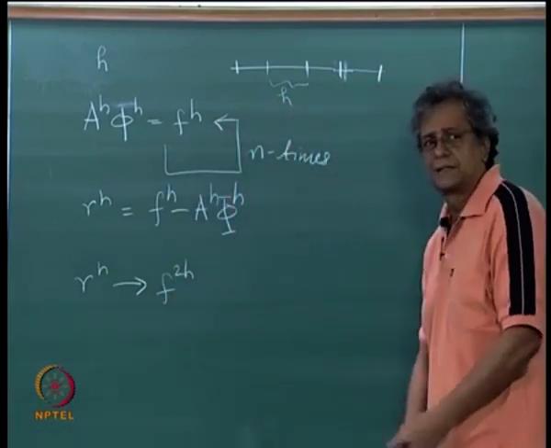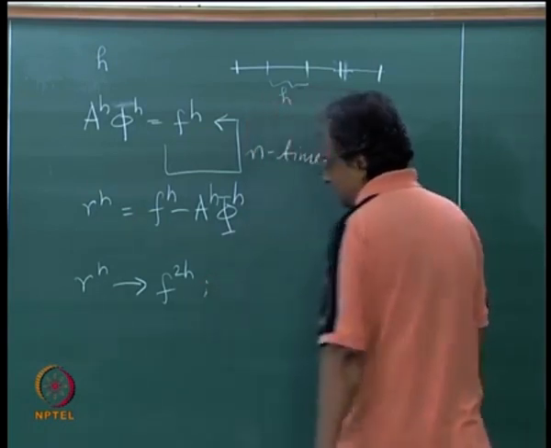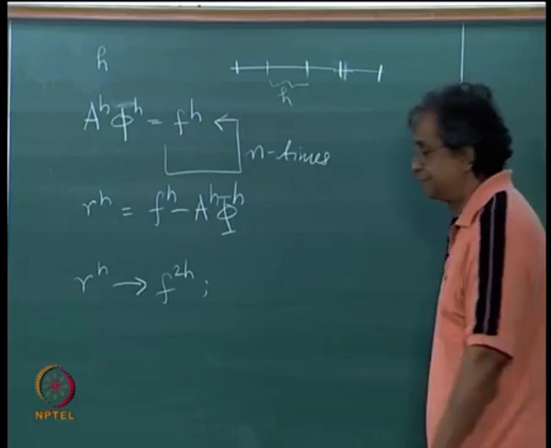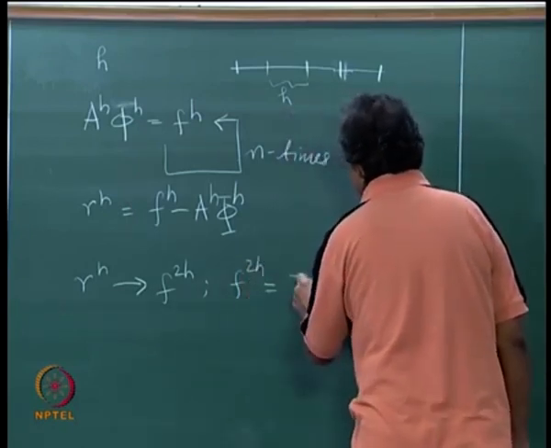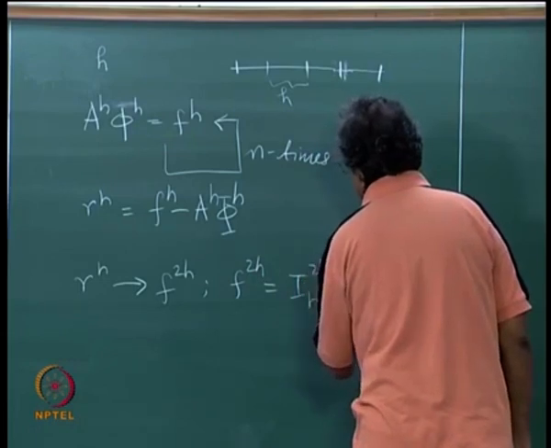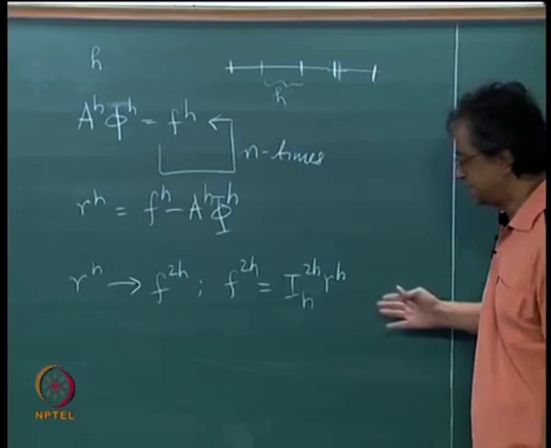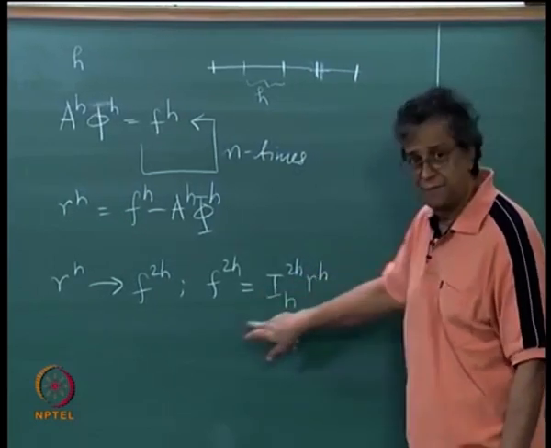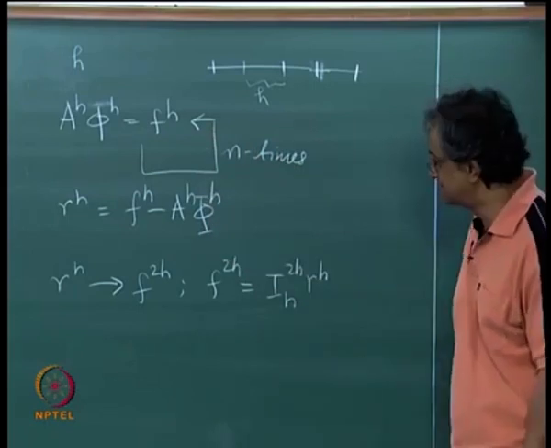If you want to write it as an equation, in books that you may look at, they may write something like F_2H equals the restriction of R_H. This is typical notation. So you can actually write a matrix form of this. I will recollect for you what each of these things is.